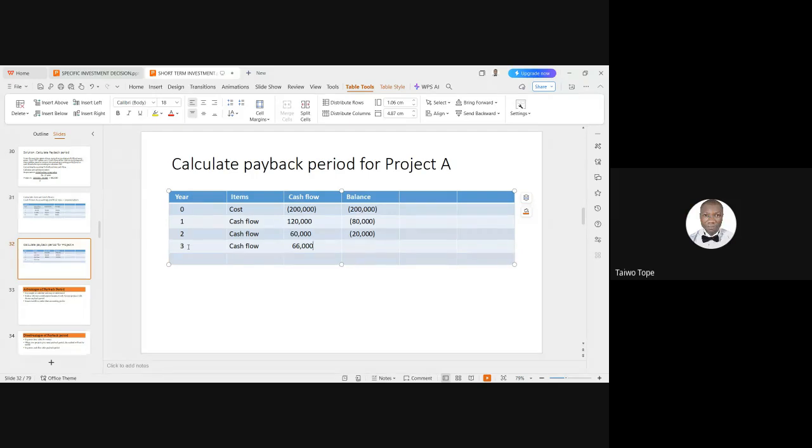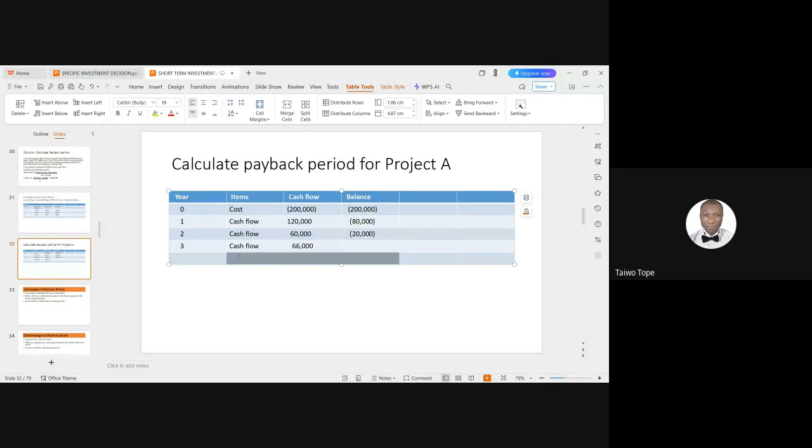So we can recoup our 200,000 between year 2 and year 3. So for you to know the number of months or years that you will pick out from year 3, what will you do? 20,000 divided by 66,000.